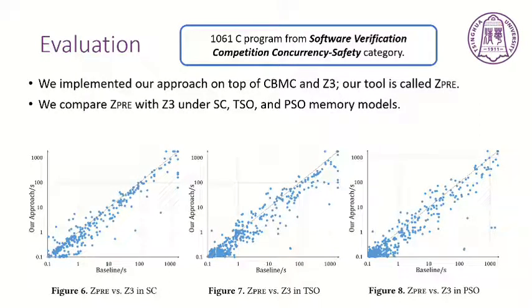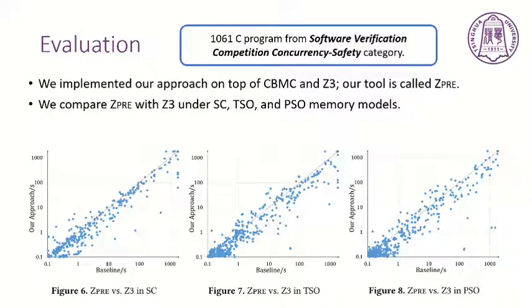Okay, the next is our evaluation. We implemented our approach on top of CBMC and Z3. Our tool is called ZPRE. CBMC is a bounded model checker for C programs. So we recognize the interference variables when encoding the verification condition formula.